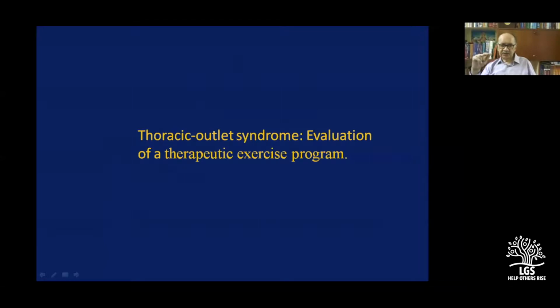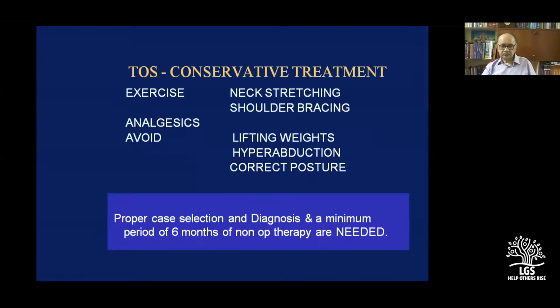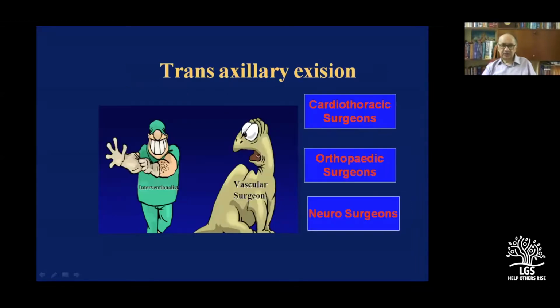A person is supposed to do some specified exercises which help the scalenus anticus: neck stretching, shoulder raising, and all that. With proper case selection and diagnosis, a minimum period of 6 months of non-operative therapy is needed. Don't operate within 6 months. That's what I was telling you.